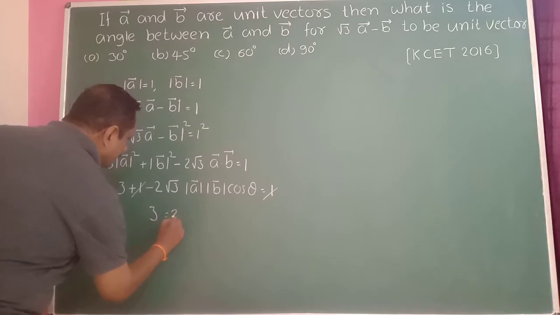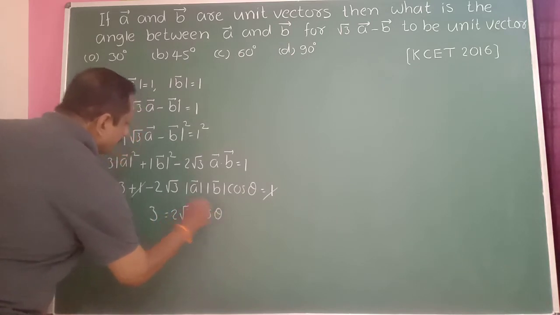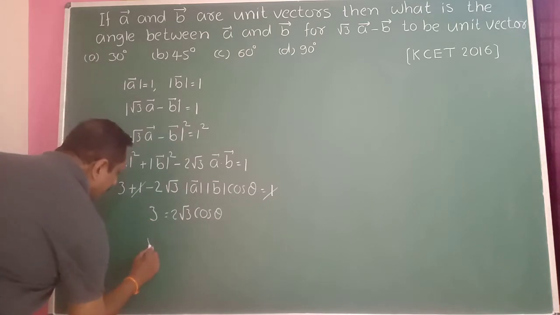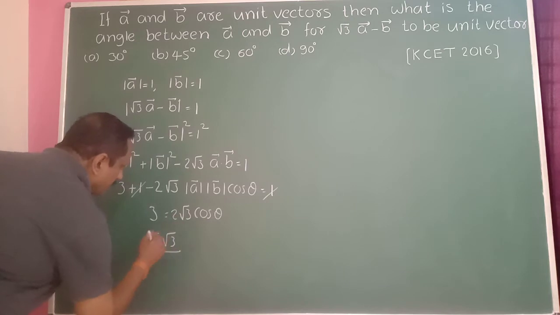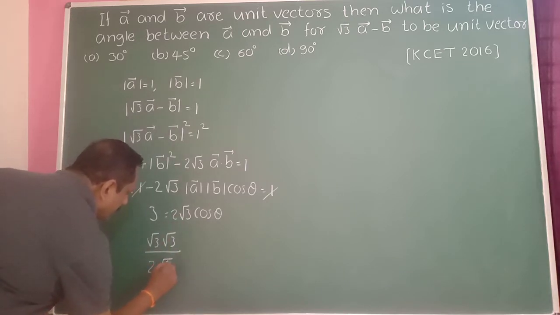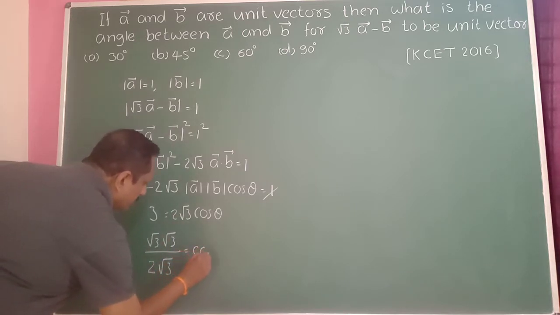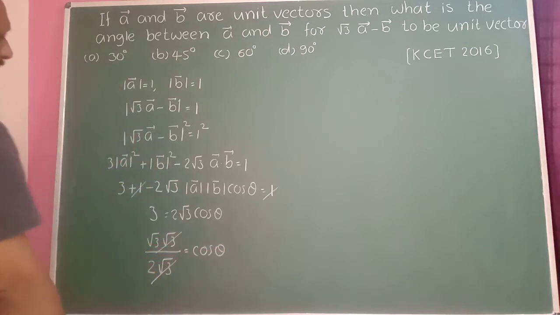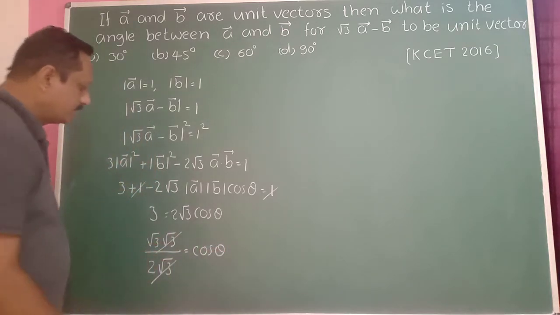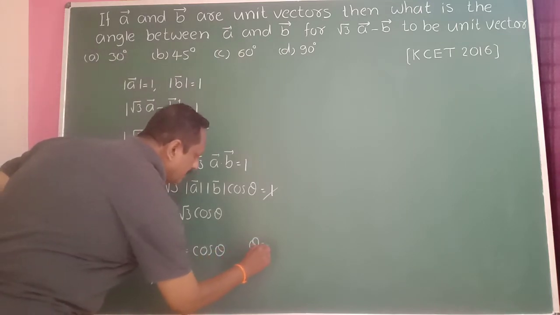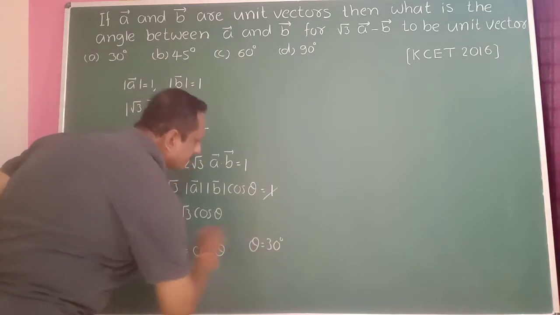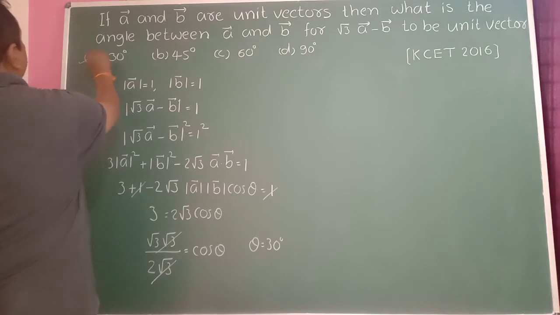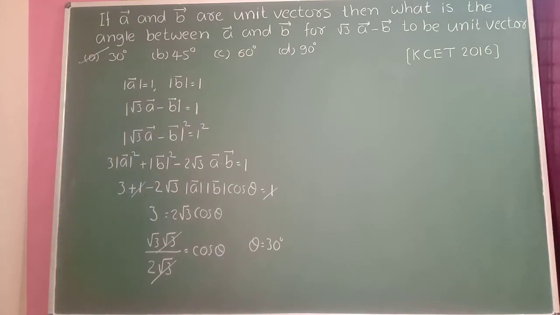And so 2 root 3 into cos theta, and this 3 can be written as root 3 into root 3, and cross multiply, this root 3 cancels, so cos theta is equal to root 3 by 2, therefore theta must be 30 degrees. Therefore the first option is 30 degrees.